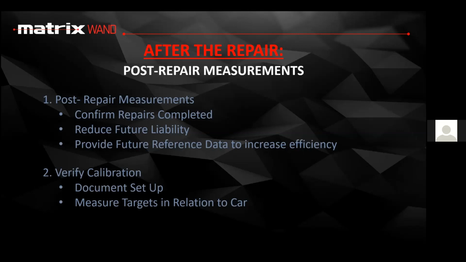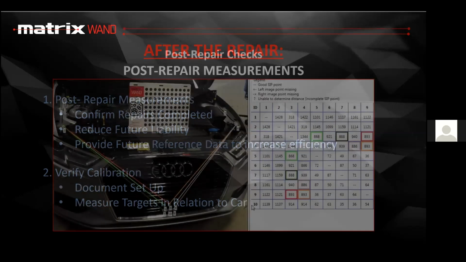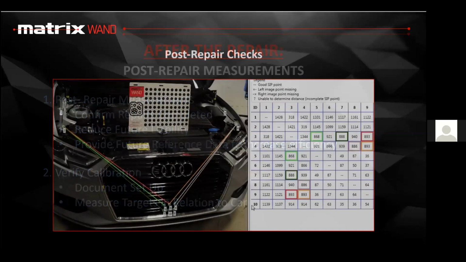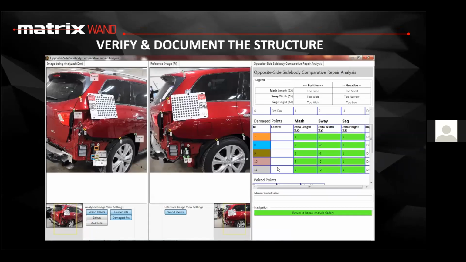Oh, perfect. So when we do our post-repair checks, we can start checking things really quickly. Maybe it's the angle of a sensor, the way it's facing compared to the rest of the vehicle. Start doing checks like that, verifying and documenting that the structure is where it needs to be.